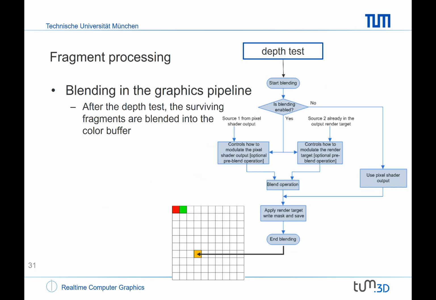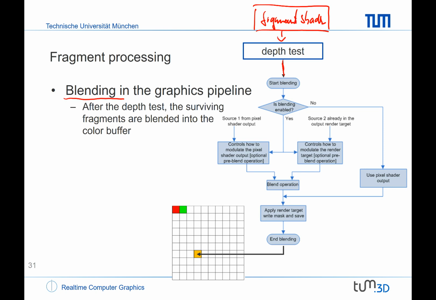To tell you where this blending occurs in the graphics pipeline: for the blending, you cannot write a shader program that performs it, but there's a blend stage which comes right after the depth test. Here we have the fragment shader, then an output color, output opacity and output depth.